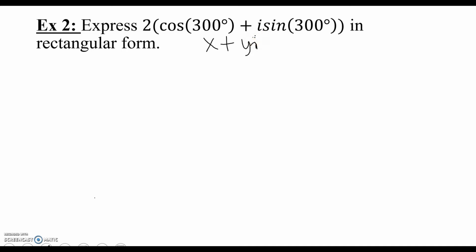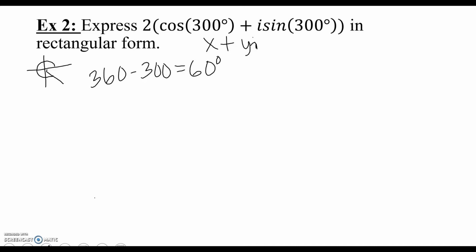Basically, we just need to figure out the cosine of 300 degrees. 300 degrees would be here in the fourth quadrant somewhere. So we would do 360 minus 300, which is equal to 60 degrees.